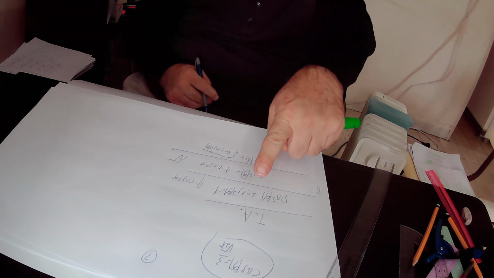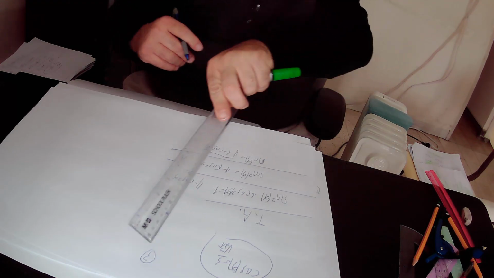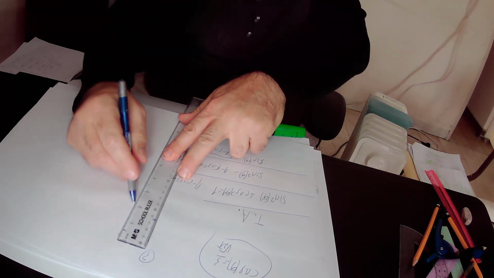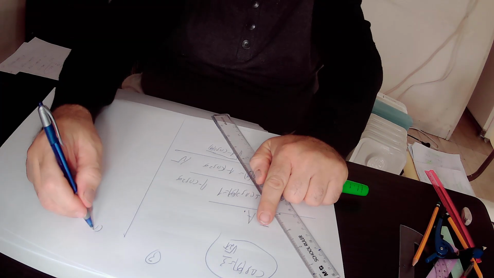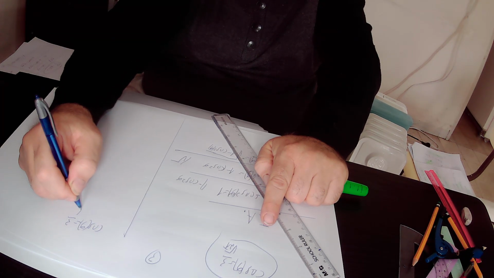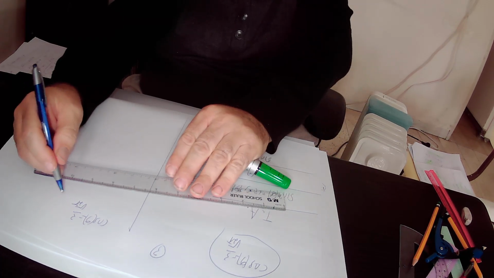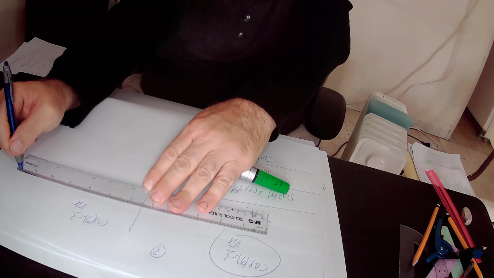We already found out that cosine alpha equals 3 over square root of 21. We will square this equation.